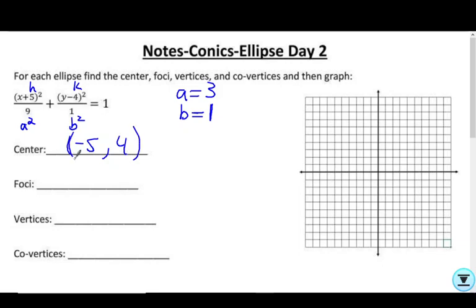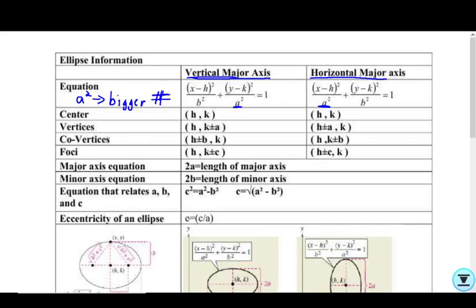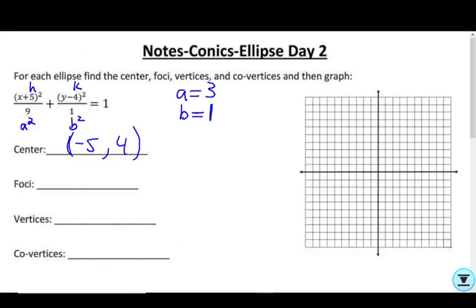So that's where my center is. Now find my foci. We're dealing with the horizontally major, so it's h plus or minus c, comma k. We need to find c, which means we use this equation right here. c is equal to the square root of a squared, which is 9, minus b squared, which is 1. So c is the square root of 8.